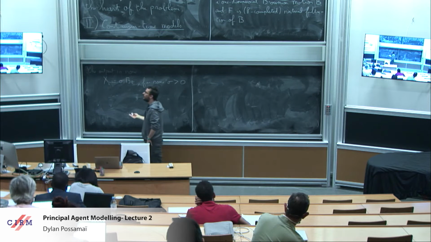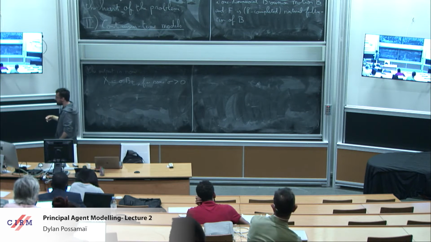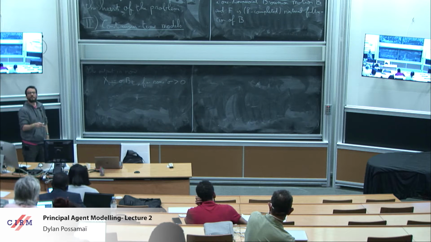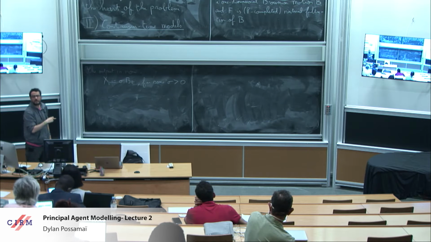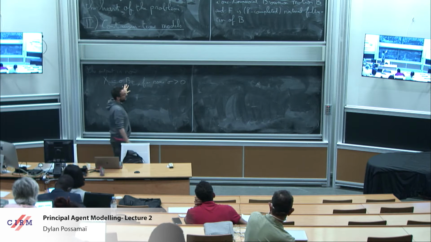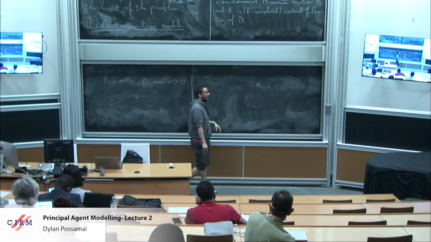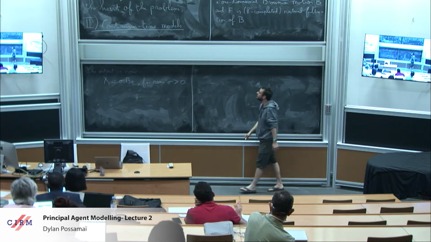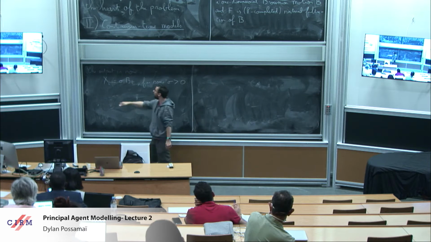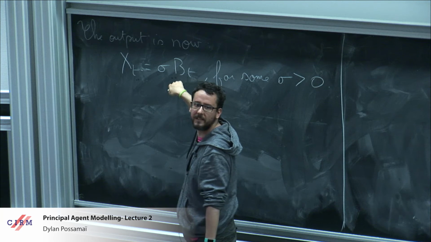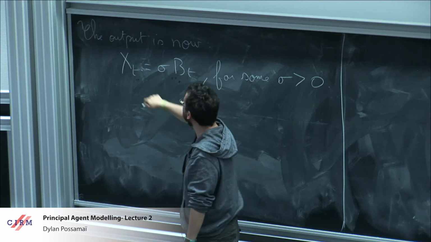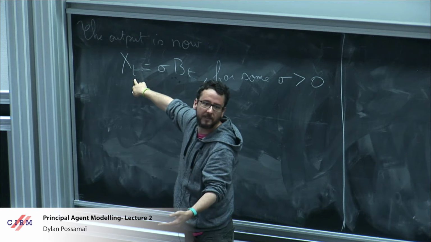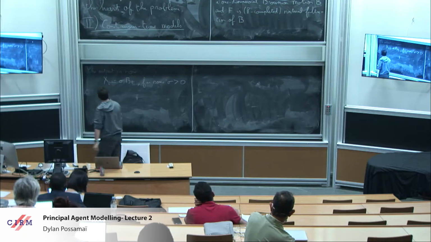And then, of course, what we were doing in the static case was when the agent was choosing some level of effort, that was changing the mean of the Gaussian random variable. So here what I want to do is say that when the agent makes an effort, this is going to change the distribution of X. Now, right now, X is basically a Brownian motion. When the agent makes an effort, I want X to be a Brownian motion plus some drift that's going to come from the effort itself.